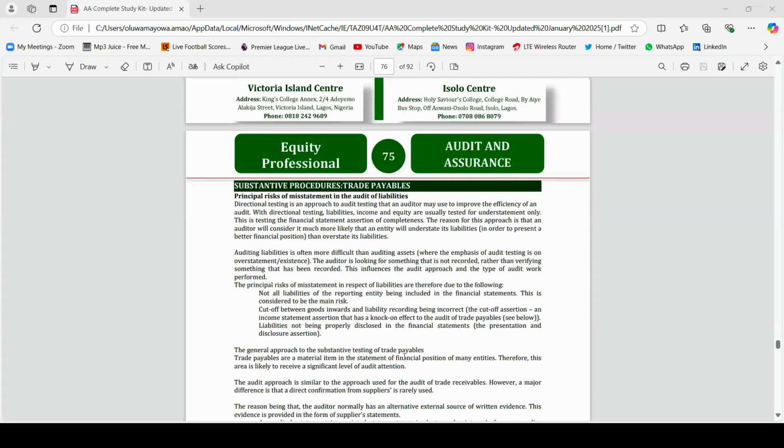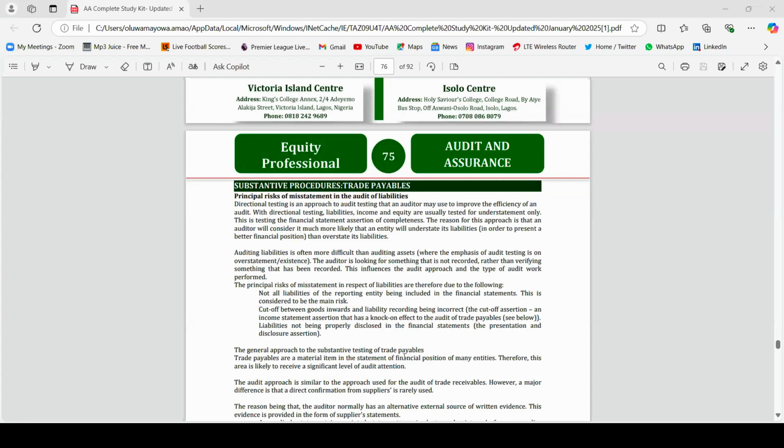When management are preparing assets, there is the risk that management might overstate their assets. Why? Because when you overstate your assets, it shows that you have enough things to make your production or your operation effective.